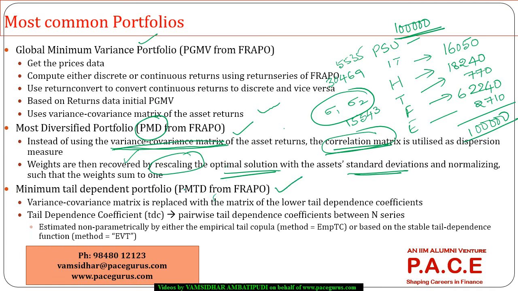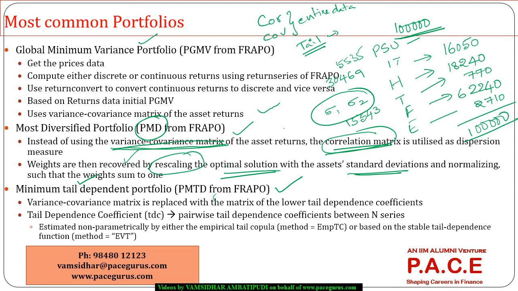Then we have another version of this portfolio which is called the minimum tail dependent portfolio. Here we are not looking at correlations or covariances for the entire data. We are generally looking at the tail. Right, here the focus is only the tail data.